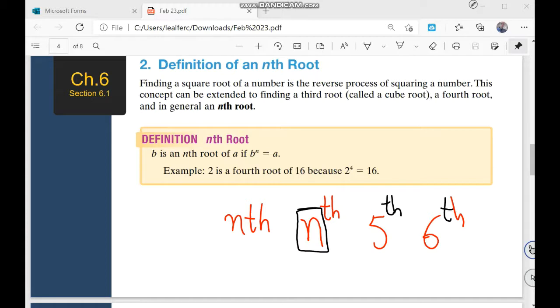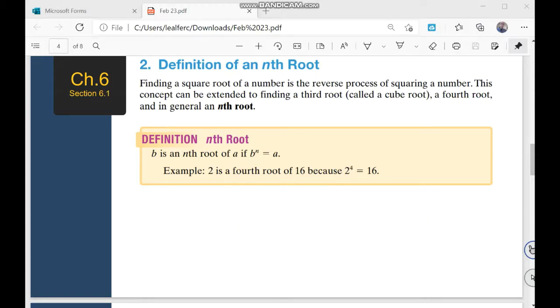b is an nth root of a if b to the exponent n equals a. Examples, and there's one example here, 2 to the exponent 4 equals 16. Yes, so the fourth root of 16 equals 2, right?